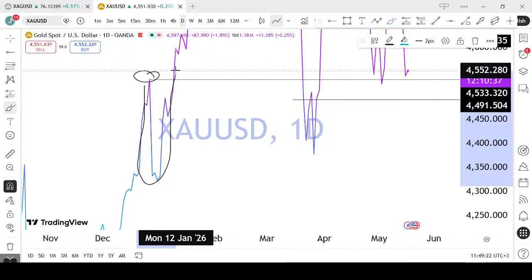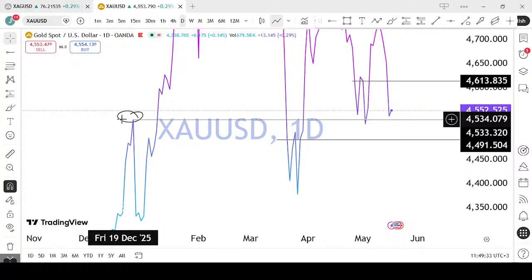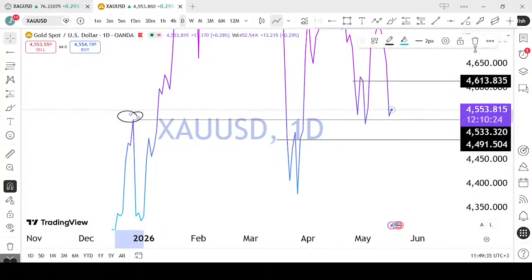After retracement, we had an impulsive move that broke this zone. So we consider this zone as support from now because the market has not yet broken that zone.